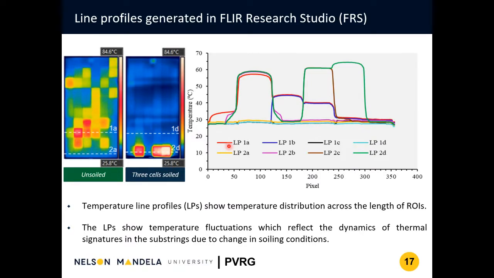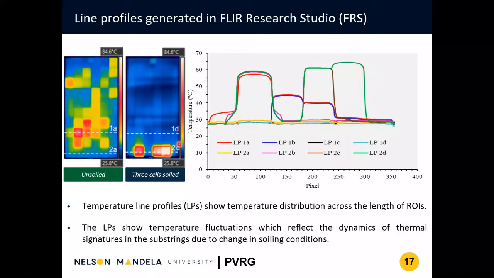So we can see that line profiles 1A and 2A indicate the temperature across the bad cells of region 1 when the module was unsoiled, with the line profile 1A showing fluctuations in operational temperature due to bad cells in region 1.